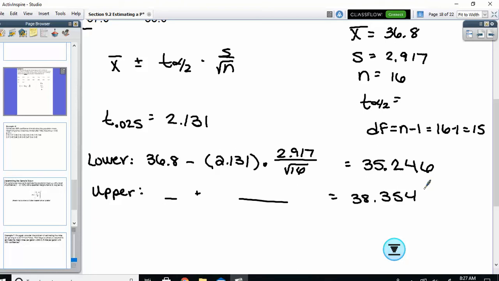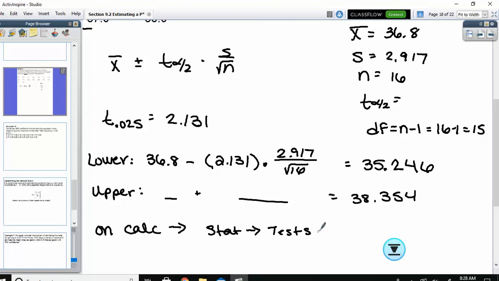All right. Now, let's check this using our calculator. So on the calculator, you already have everything entered into your L1. So we will go to Stat. We go over to Tests.